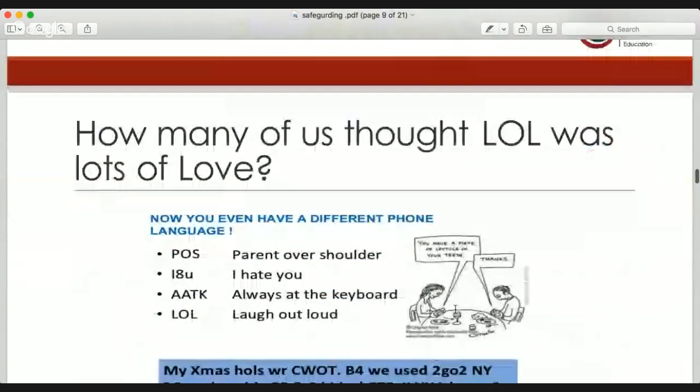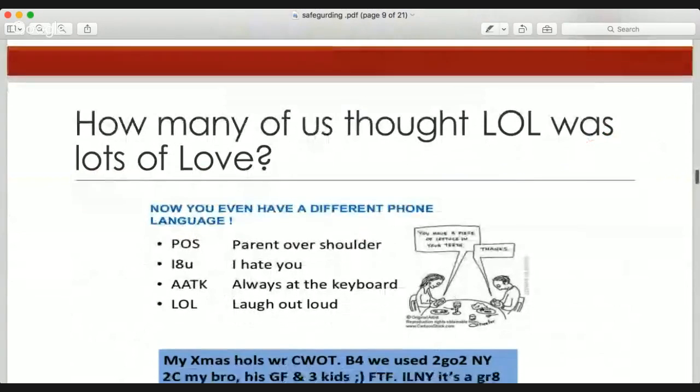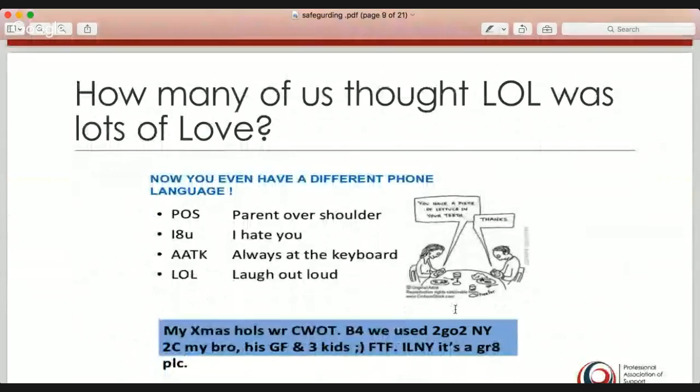How many of us thought that LOL was lots of love? I have to confess that at one point I was one of these people. And it's just the development of language, isn't it? This happens all the time with all language. It always changes, it's always developing. If we think about the language of Shakespeare's time, 500 years ago, to the language now, our English language has developed and changed and modified over the years.